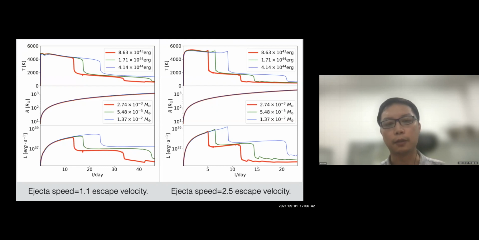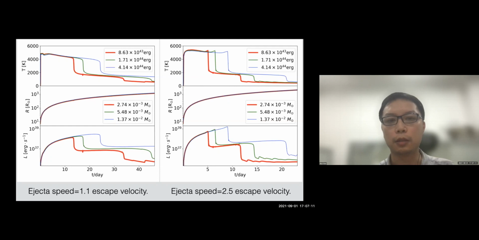The second plateau is actually the recombination from the atomic state to the molecular state. On the right panel, we see the result with 2.5 times the escape velocity, and the difference is that the peak is ahead of the slower ejecta.